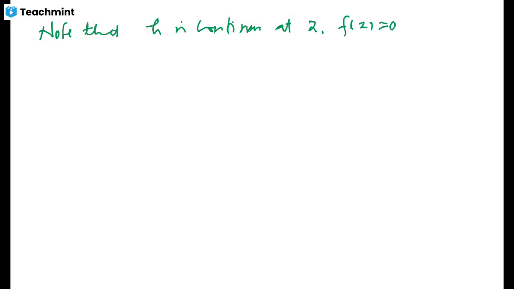Now note that h is continuous at z where the derivative of f(z) is equal to 0. So h is a continuous function at these isolated points, and you may treat them as isolated singularities.